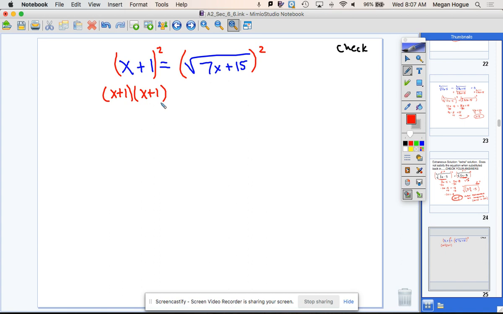So it's x plus 1 squared, so it's x plus 1 and x plus 1, so I have to FOIL. So I'm going to write x times x is x squared. 1x, 1x, and 1. Over here, I just get rid of the radical, so 7x plus 15.